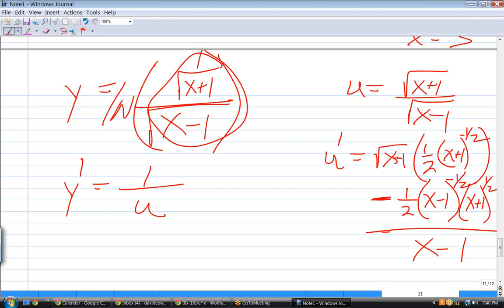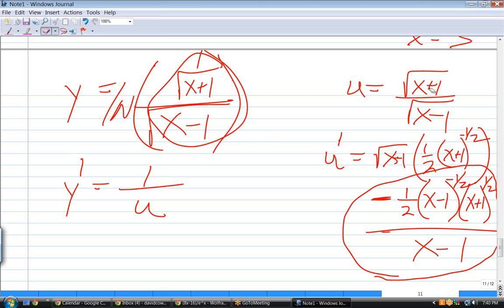Okay? So that's u prime. There's a lot of simplification we can do, but before we do that, let's make sure we get this part right.